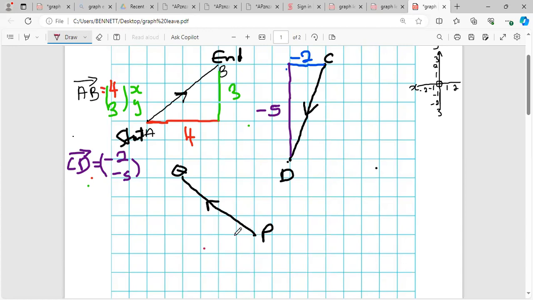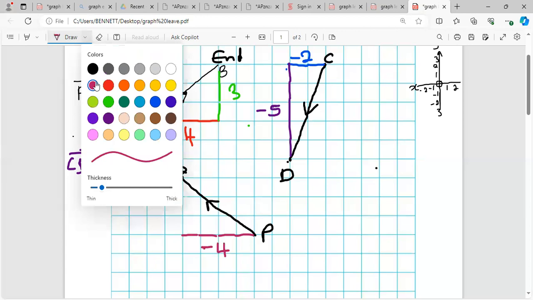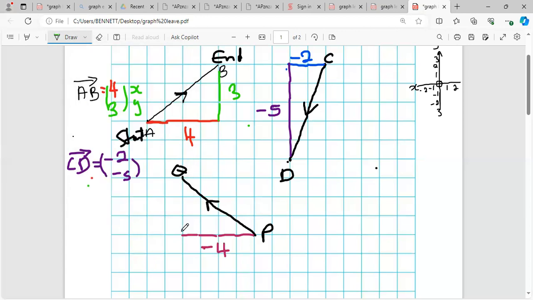So that means we are going to the left first. So we have 1, 2, 3, 4. So that means it's -4, because once you go to your left, just like on the Cartesian plane, x is negative. Alright, and then now we're going up, because we have to match it, we have to go straight to it. 1, 2, 3.